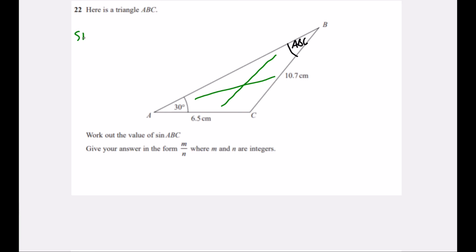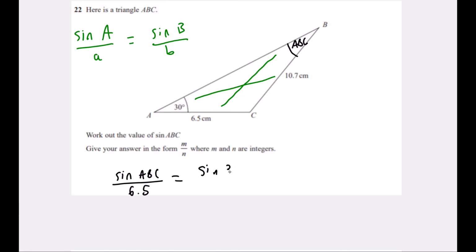So we can say that sine a over a equals sine b over b. So in this case, sine ABC over 6.5 is equal to sine 30 over 10.7.